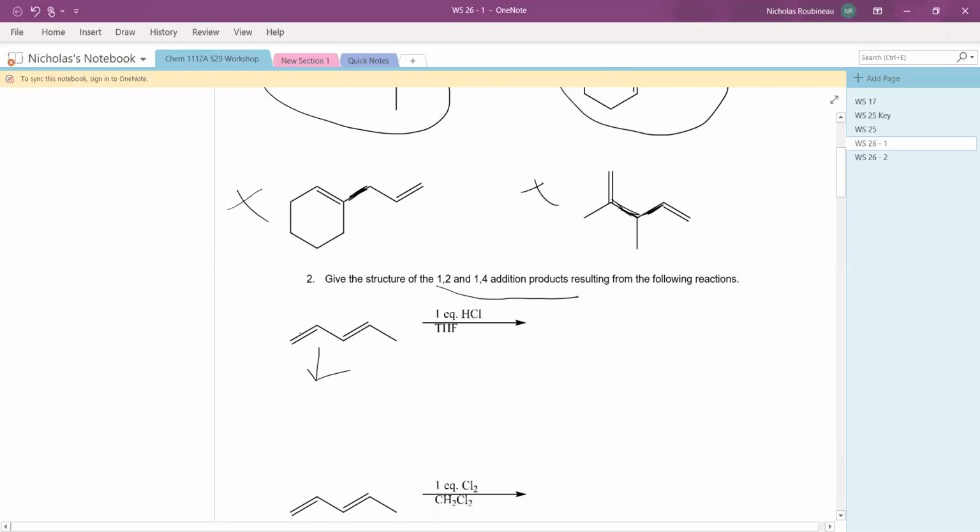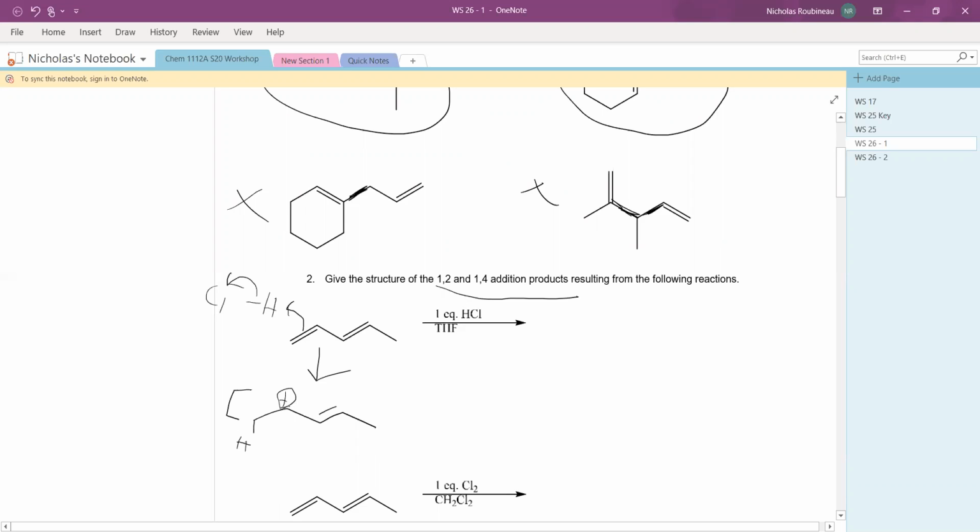Say we're reacting with the double bond on the left. The first step would be the alkene takes the hydrogen, and then the electrons from the bond go to the chlorine. So we get a hydrogen added here, and then a cation that forms here.